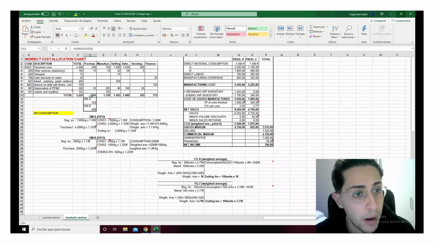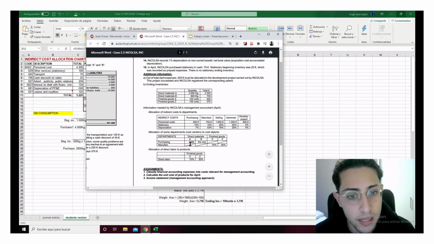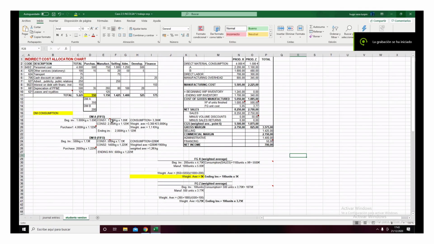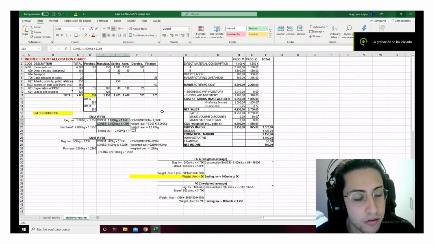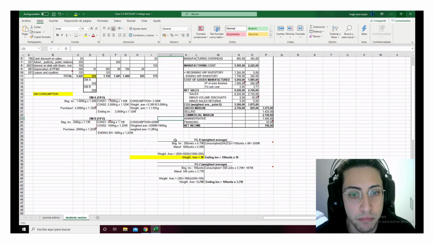You have this figure, and you know that it comes from here, that amount is for A and the rest will be for B. Okay, you have to know this value. So multiplying these values we obtain the total consumption. Here the ending inventories.